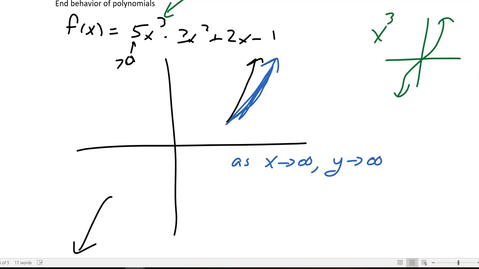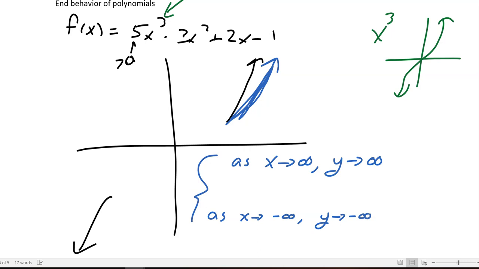Now on the other side, the y-coordinates are getting down as we go further out. So as we go further to the left, as x goes to negative infinity, the y is also headed downhill, so it's headed to negative infinity as well. So this might be our description for the end behavior.